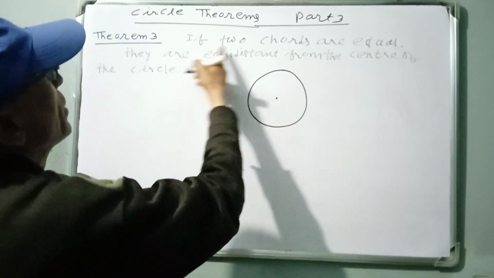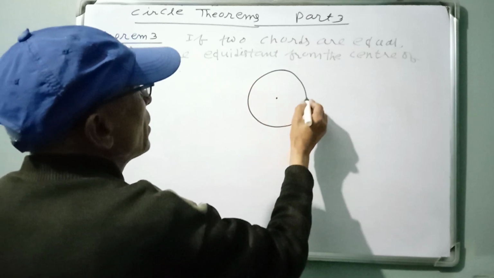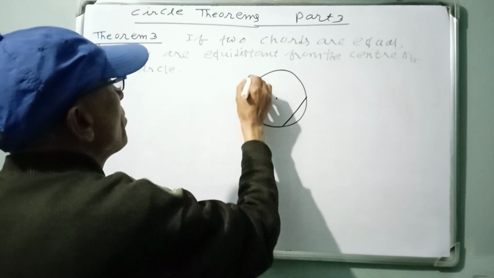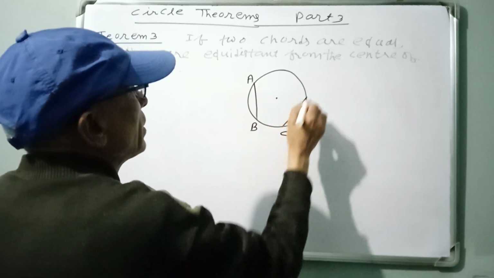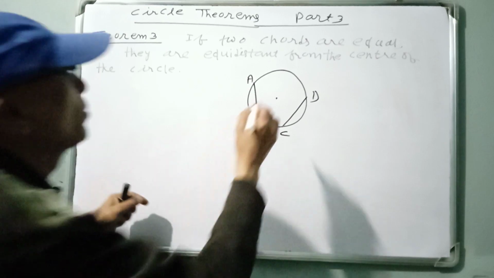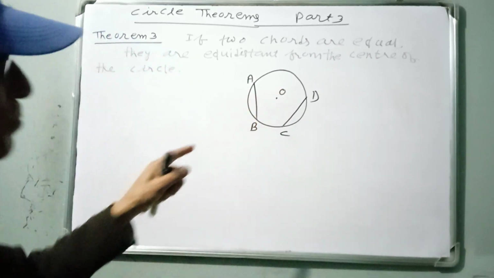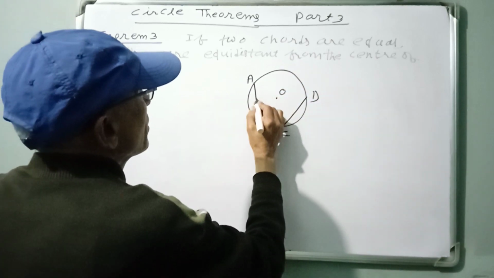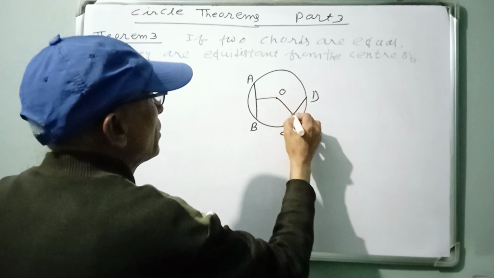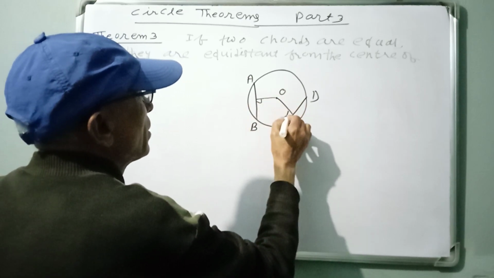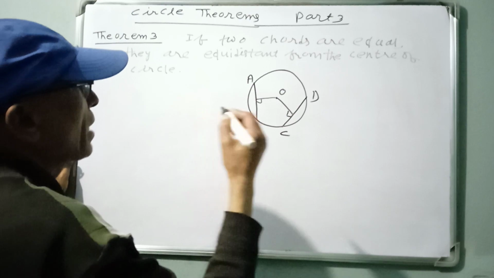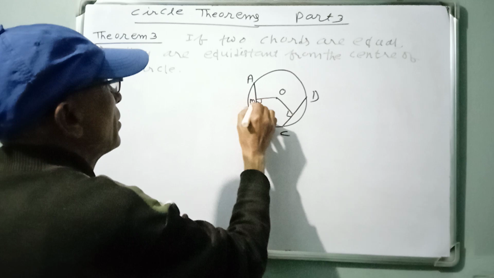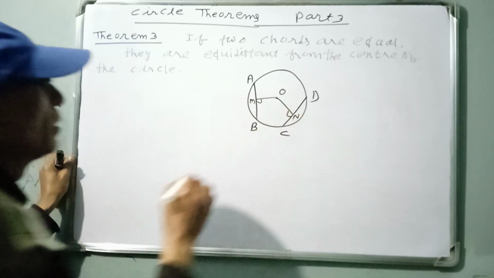If two chords are equal, suppose this is one chord, this is another chord, named A, B, C, D. Two chords are equal, then they are equidistant from the center. तिनीहरूको distance चाहिँ सेन्टरबाट के हुन्छ? Equal हुन्छ. तिनीहरूको distance means here perpendicular distance. You can name any A, B, C, D, E, F or P, Q or M, N, any.